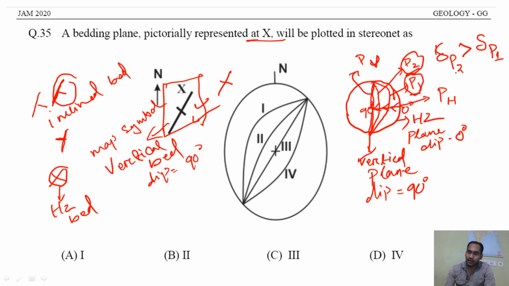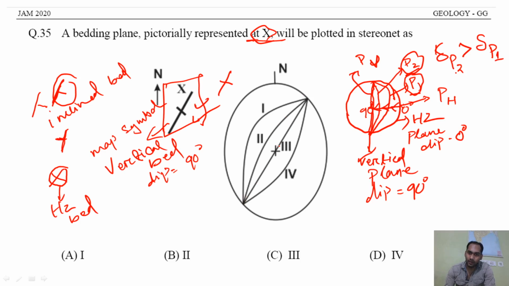Okay, why? Because P1 is closer to the outer circle. Why is dip of P2 greater? Because it is closer to the center. As the plane is closer to the center, it will be steeper. As it is closer to the outer circle, it is gentler. Okay, so I hope you got the answer of this question, because X is a vertical plane, so it should pass through the center.